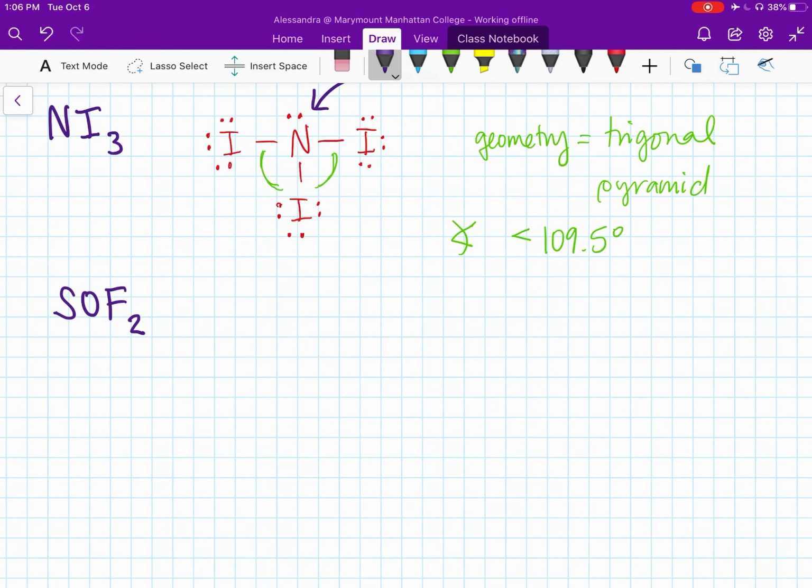SOF2. So I'm going to tell you that in this molecule, sulfur is the central atom. You can tell that because it is the most electropositive atom, and it's also the third row atom, so that gives you a hint about it being the central atom. Now, how am I going to organize the oxygen and the fluorines around it?